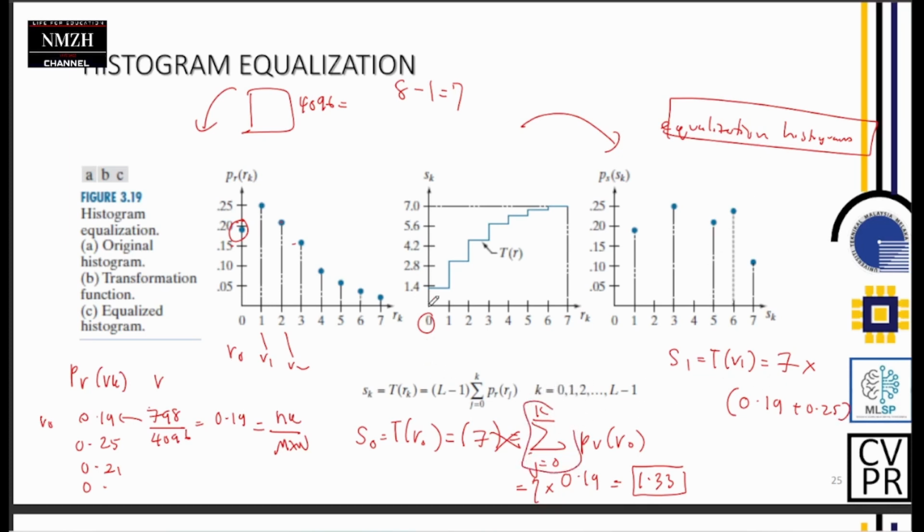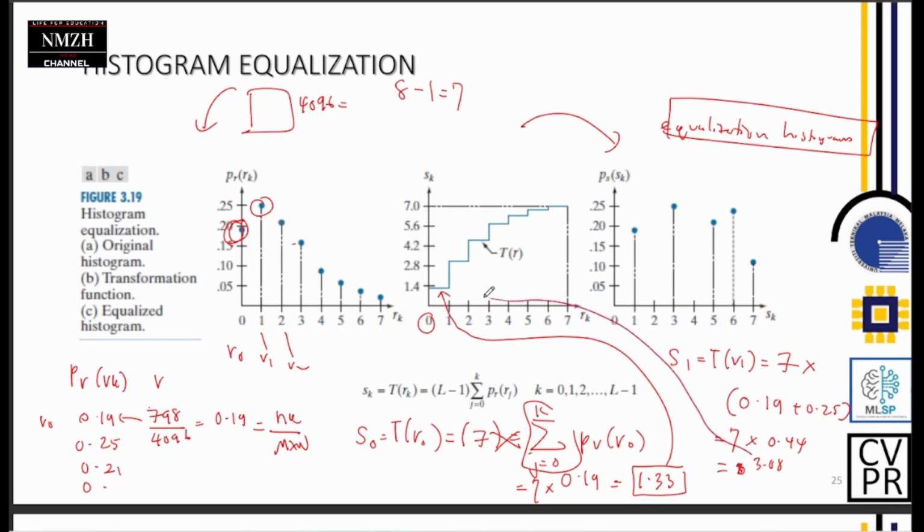So meaning we need to sum 2. 0.19, 0.25. So we have 0.44. Okay, times 7 is 3.08. So 0.44 times 7 meaning 3.08. So 3.08 is basically 1.3, is basically this one.